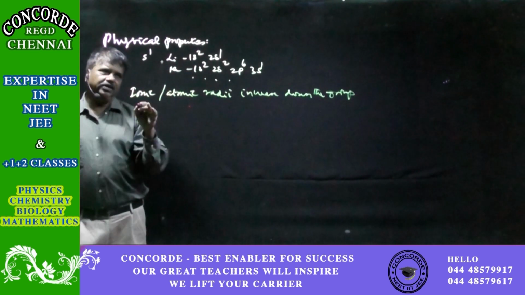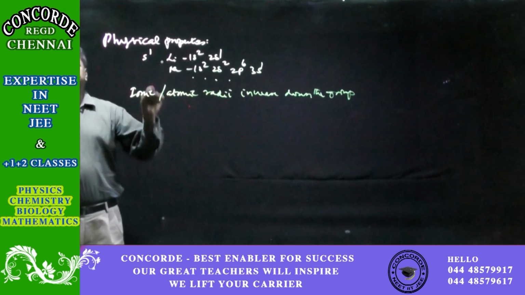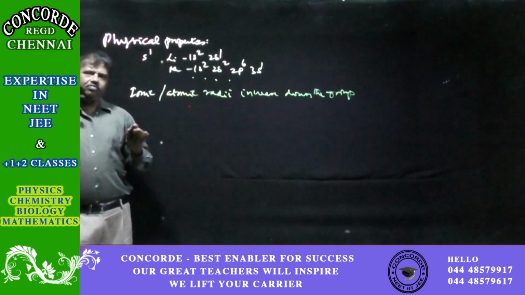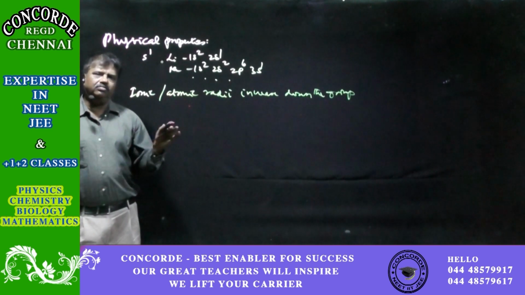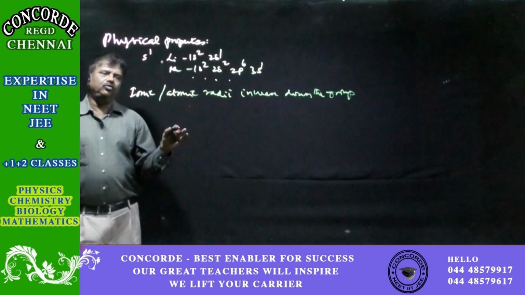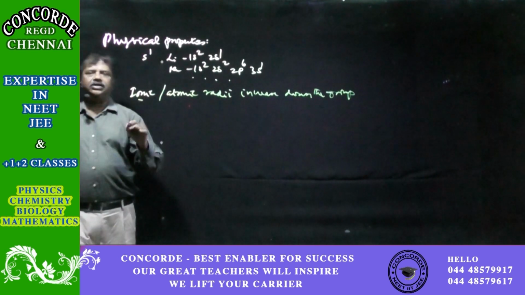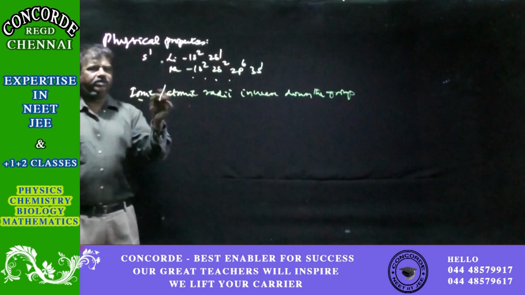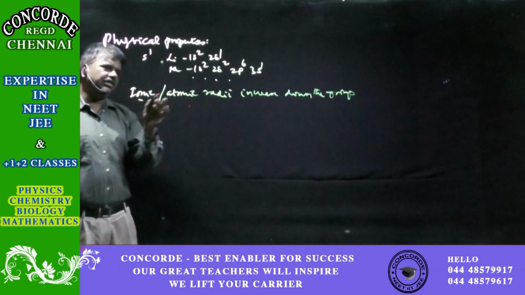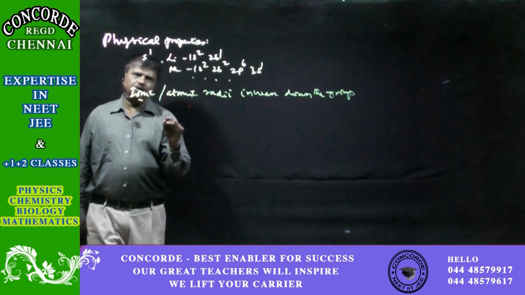But within a period, the s1 block elements have a very large size, a little more than other elements of the same period. The ionic radii will be very small compared to atomic radii, about 30 to 40%, even at times 50% less than the atomic radii. So it increases down the group.